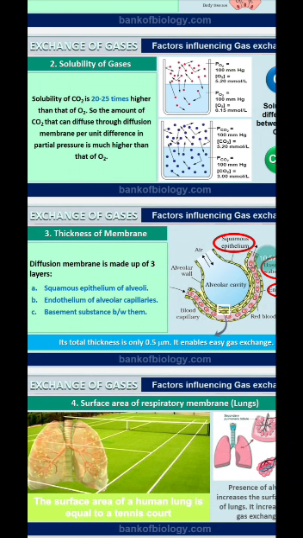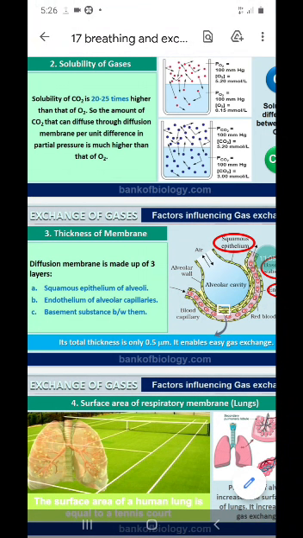So the solubility of CO2 is 20 to 25 times higher than that of oxygen. So the amount of CO2 that can diffuse through the diffusing membrane per unit difference in partial pressure is much higher than that of oxygen. And the thickness of membrane.